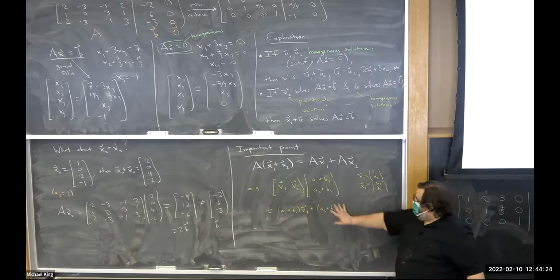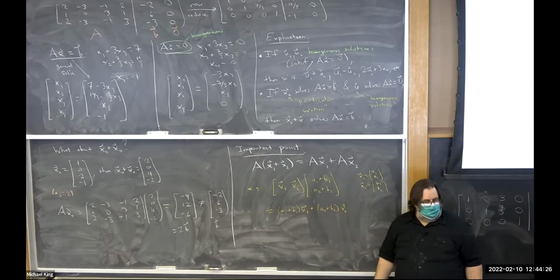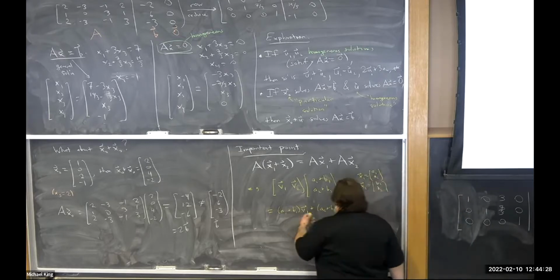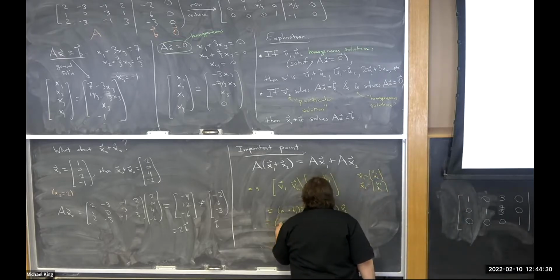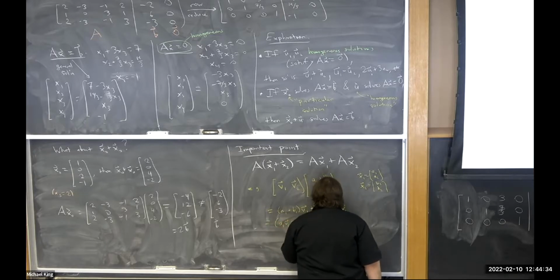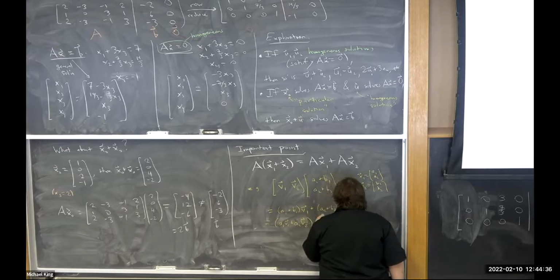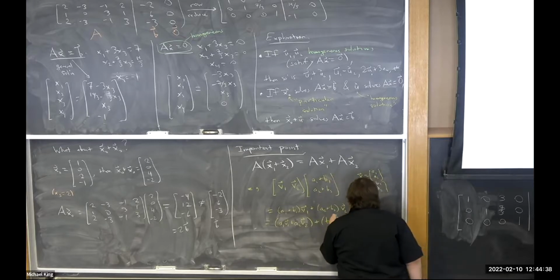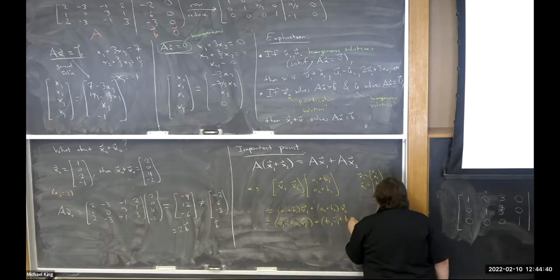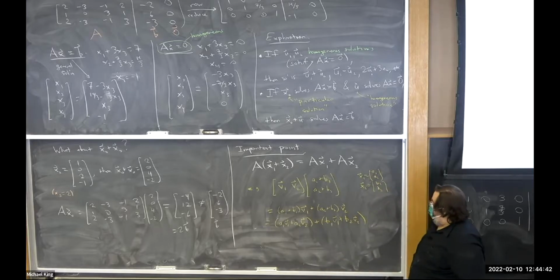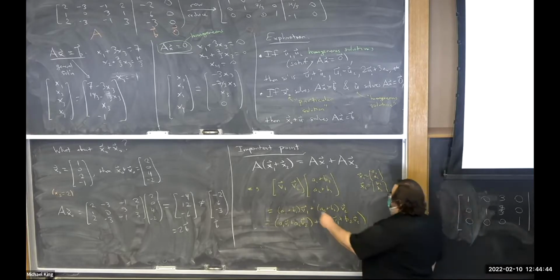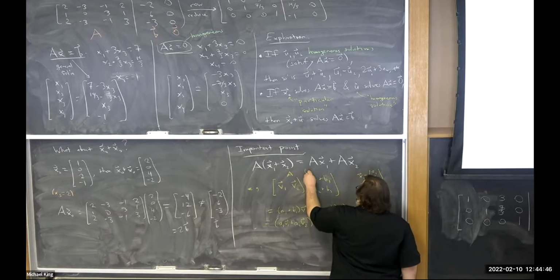But what's clear is you can just rearrange this, because this is distributive. You can rearrange this as A1 V1 plus A2 V2 plus B1 V1 plus B2 V2. This is supposed to be A times x1 plus x2.